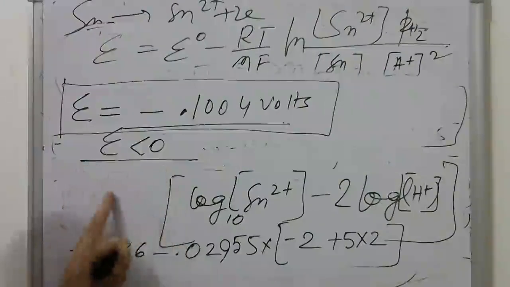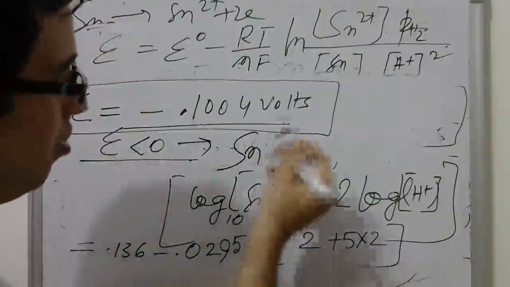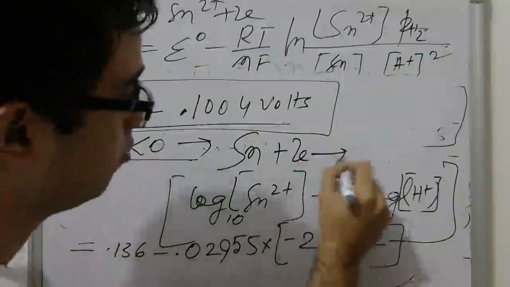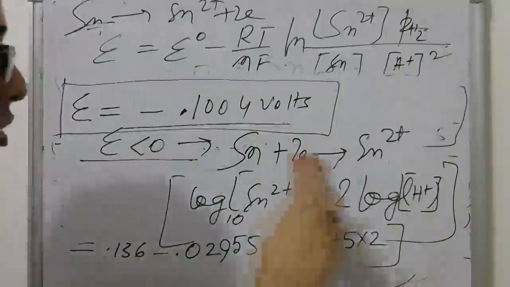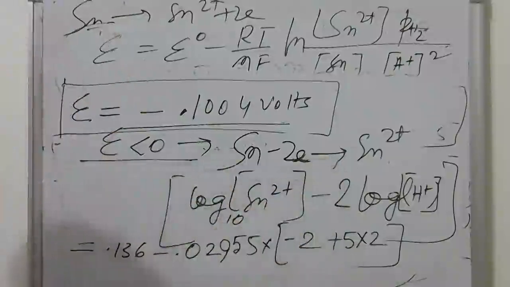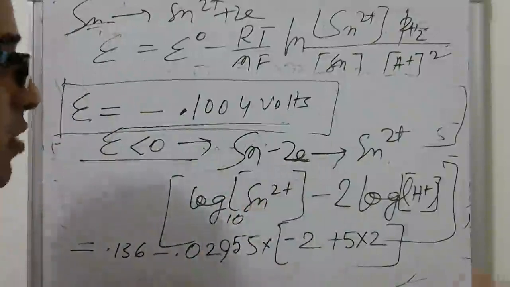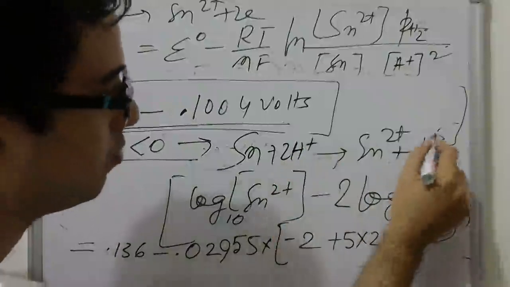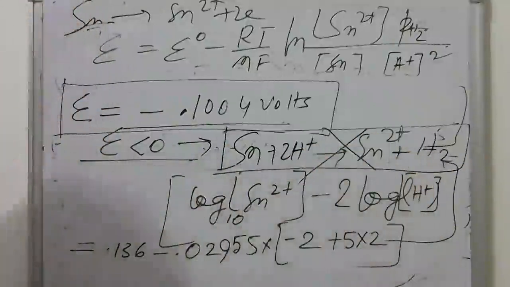E less than 0 means my reaction, Sn to Sn2+ plus 2 electrons, the total reaction Sn plus 2H+ gives rise to H2, won't take place.